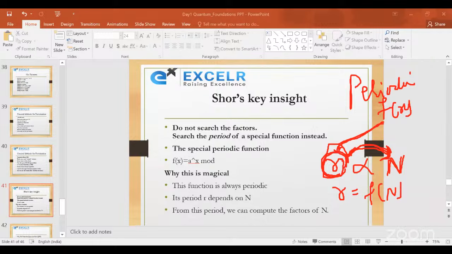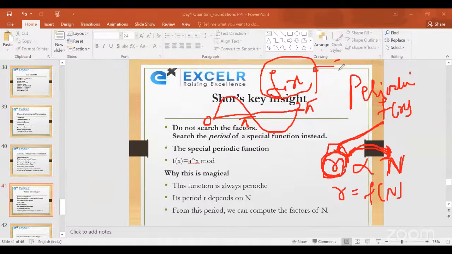To elaborate more, we can take one example. Suppose sin x. Everybody knows the periodicity of sin x. This is 0, this is pi, this is 2 pi. So the periodicity of the function sin x is always a constant, that is 2 pi.